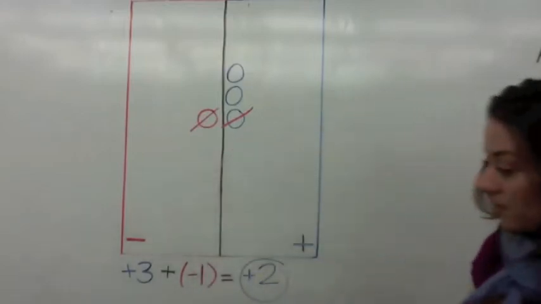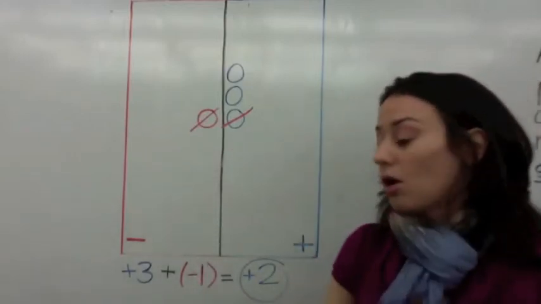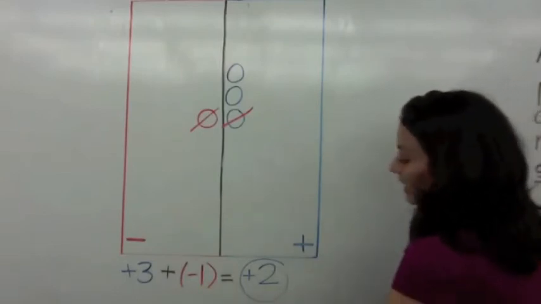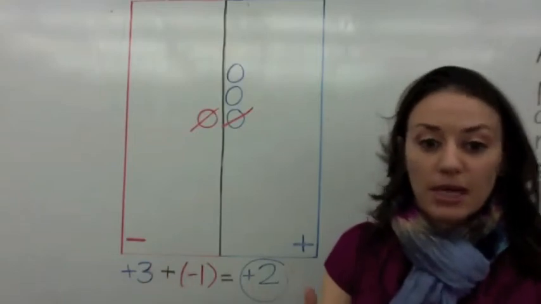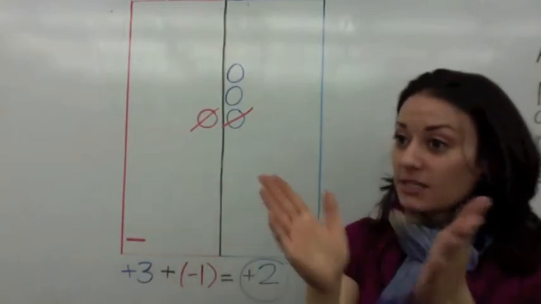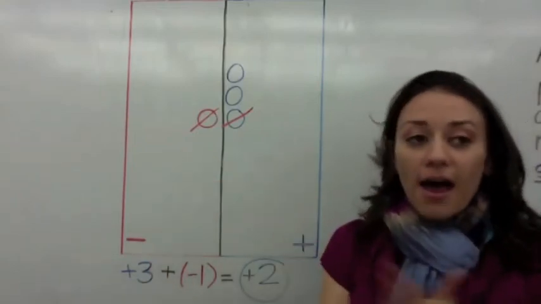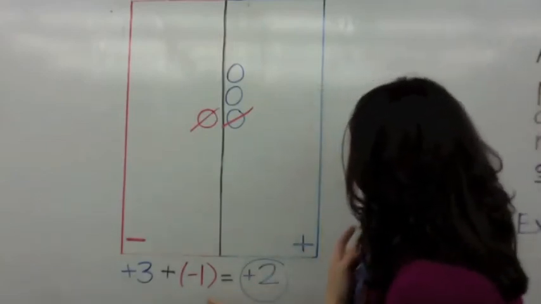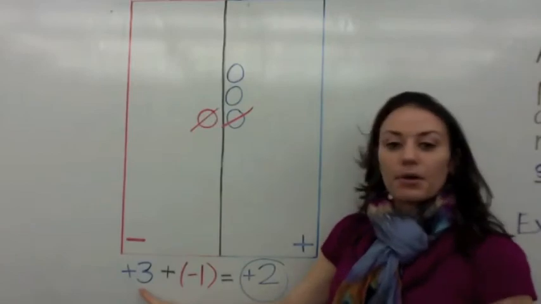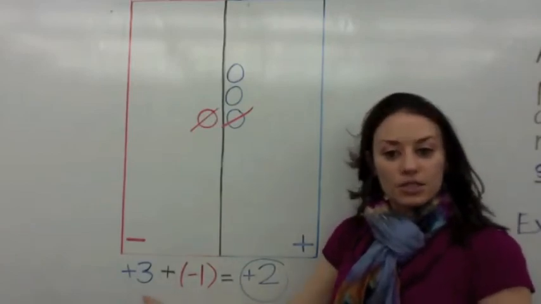Very good. Now, to check our answer, we use what we know about adding integers, the song. If you know that these are different signs, positive 3, negative 1, you say, different signs subtract, keep the sign of the higher number, then you'll be exact. So you have a positive 3 and a negative 1. What's the higher number? 3 or 1? It's 3.